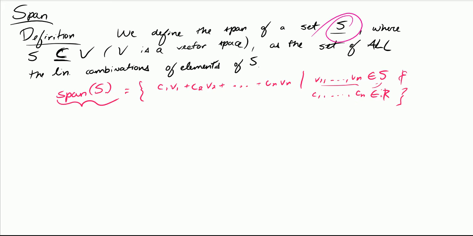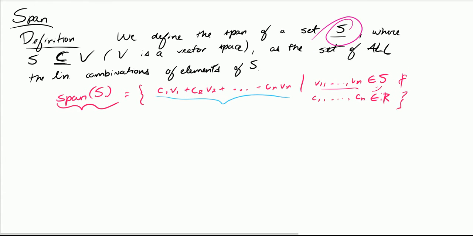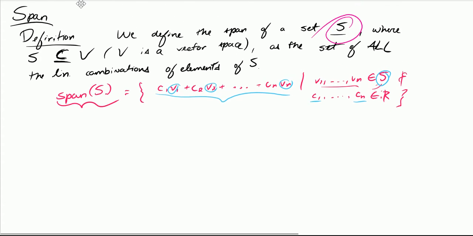So that's the definition of span S. It's all of the possible linear combinations, because it's any of the possible vectors or elements in S, and any scalar belonging to the real numbers.